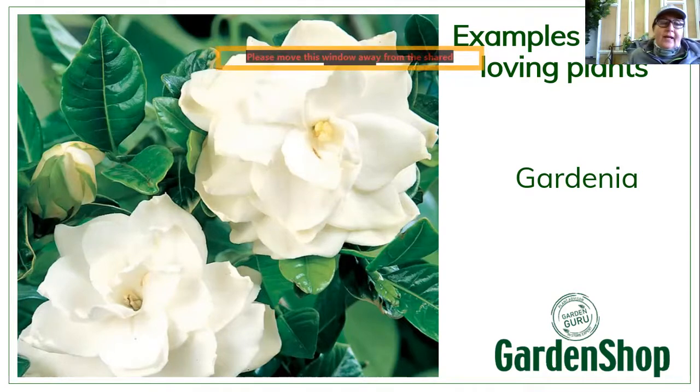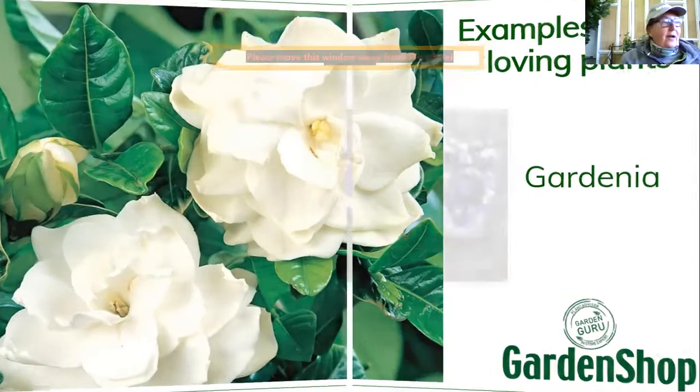They will even tolerate quite a bit of sunshine if you do give them a chance to adapt to the sunshine, but otherwise they grow equally well in the shade where they actually would grow traditionally. So gardenias, another one of those acid-loving plants.